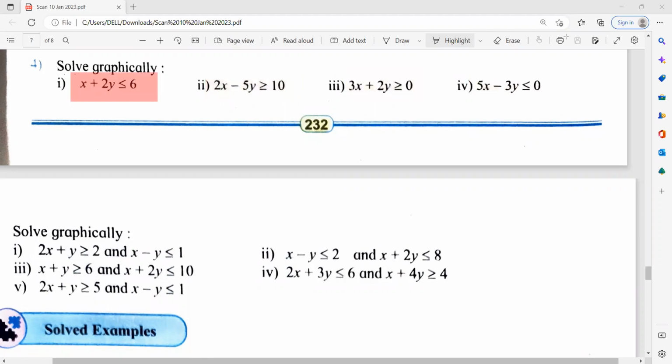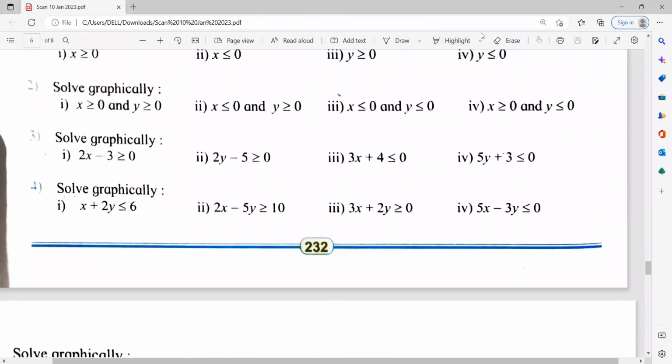Earlier to this, you had the inequation where the number of variables was just 1. Because the number of variables was just 1, this was only in x, so you got the line parallel to the y-axis. Here you will get the line parallel to the x-axis, because it is 2y minus 5 greater than or equal to 0.